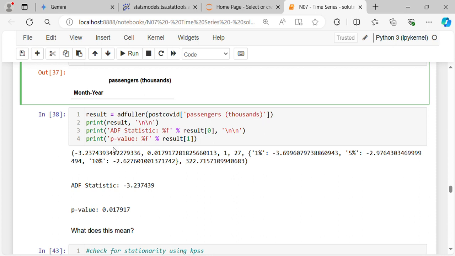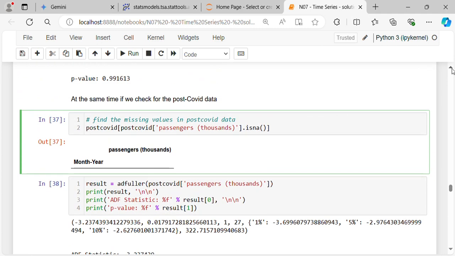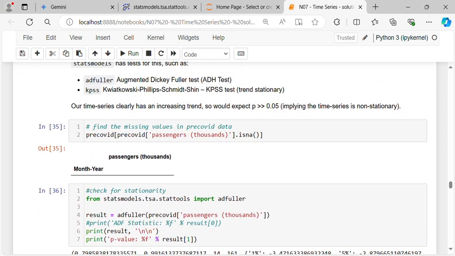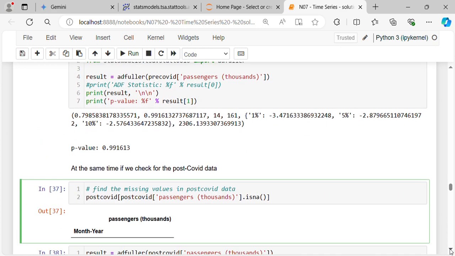Print ADF statistics colon percentage F, which will contain result array position 0, and that gives ADF statistics minus 3.237439, and print p-value colon percentage F, with result position 1, 0.017917, and we can see that 0.017917 is less than 0.05, so it means the data is stationary. The time series is stationary.